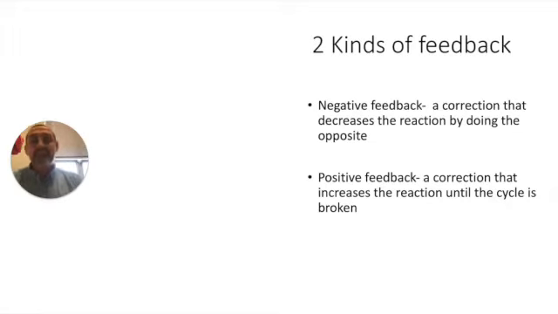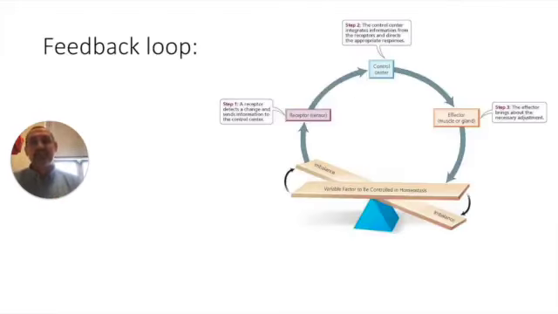In order to maintain homeostasis, there are 2 major kinds of feedback. Negative feedback, which corrects the problem by doing the opposite, and positive feedback, which corrects the problem by doing more of the same. Here's a feedback loop illustrating negative feedback. Let's say the variable is body temperature.